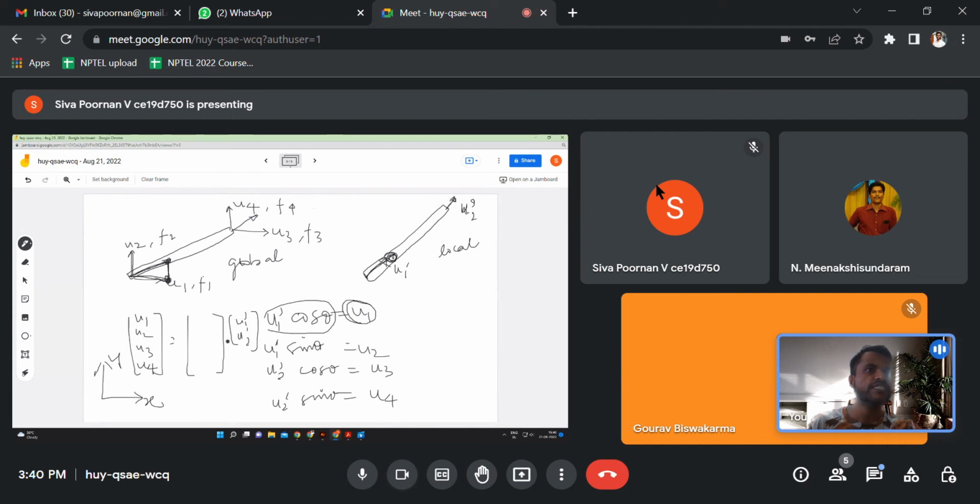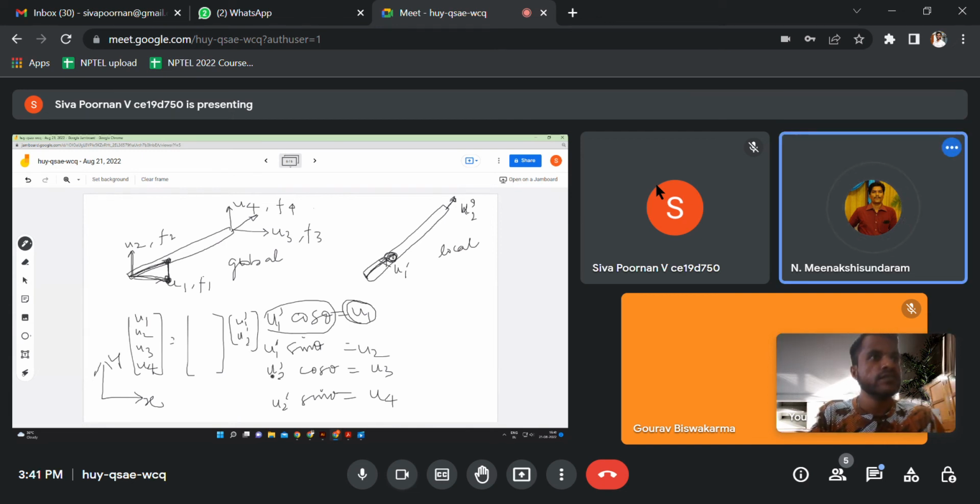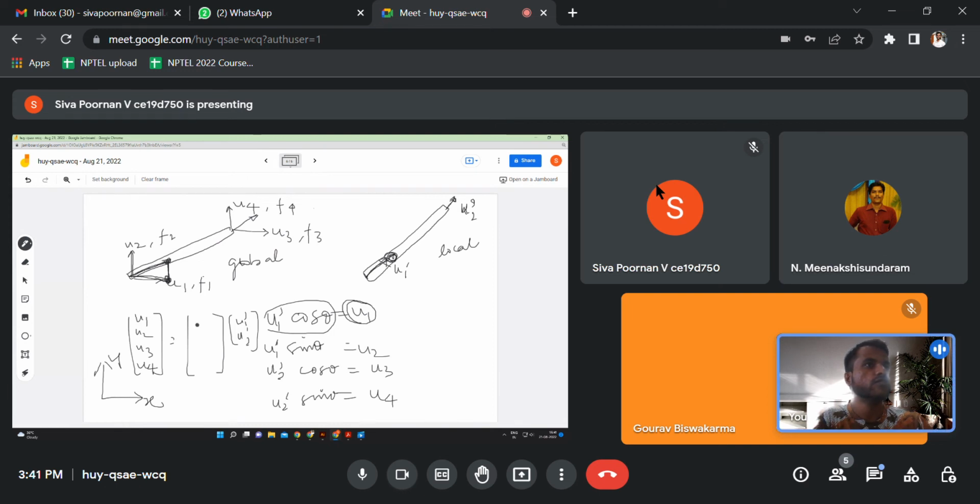Can you fill in that something? So u1 is equal to, let's write cos theta as c and sin theta as s, just as a short form. In the course you would have been writing it as lambda x and lambda y. We'll come to that later. As of now, we'll just write it as C and S.